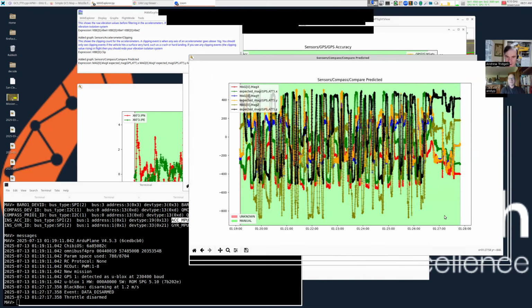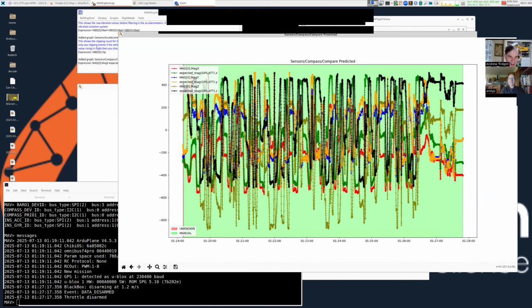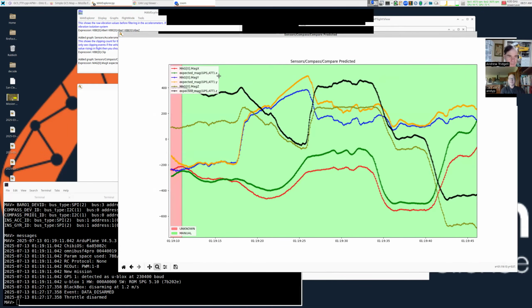Now, this looks like a mass of wavy lines that only a state estimation person would like, but it does actually have some sanity to it. I'll just zoom into a little bit of it, towards the start of the flight.